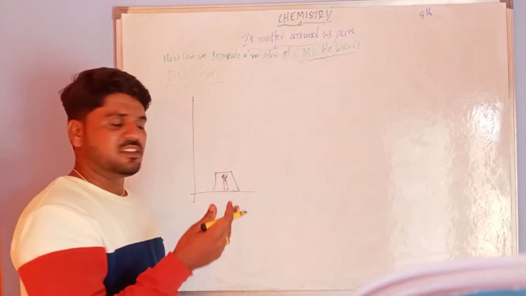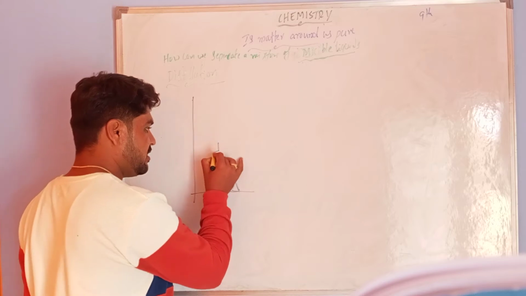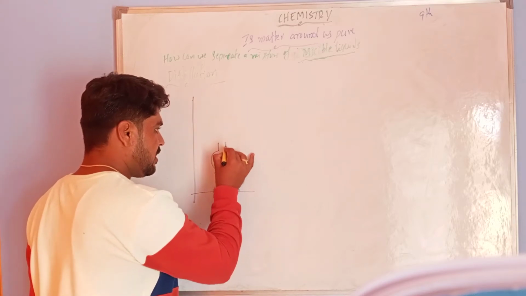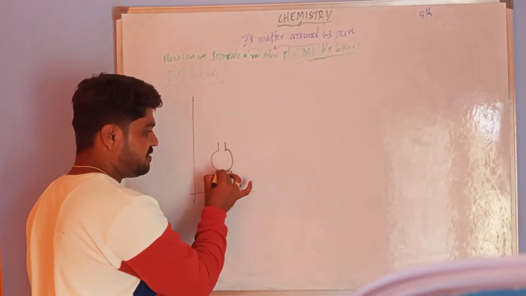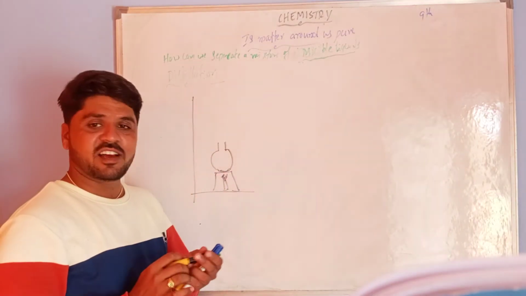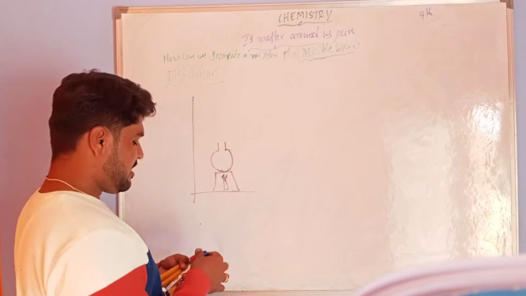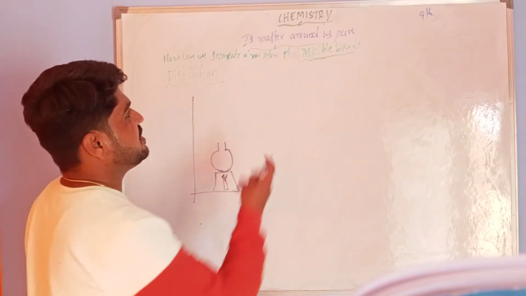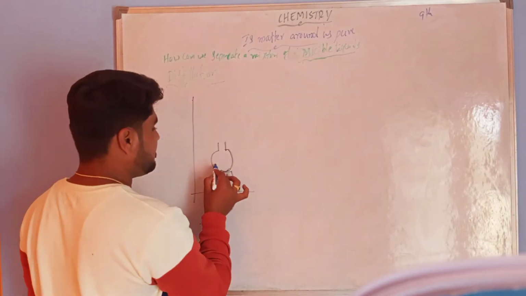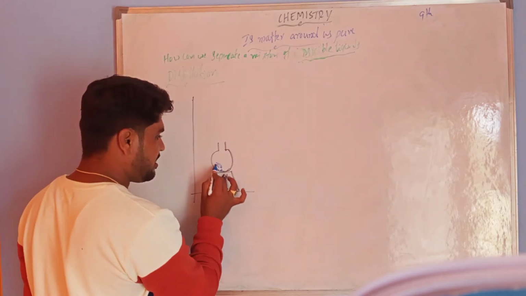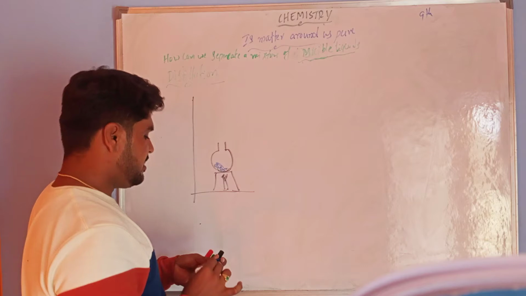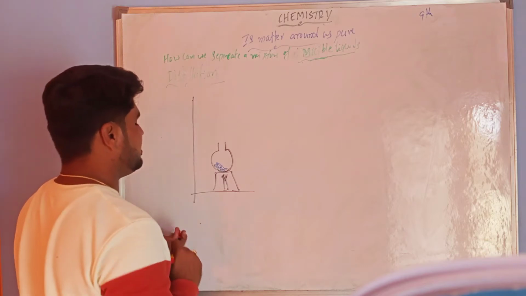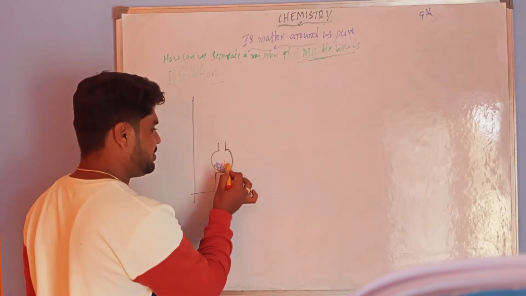Above it, this is a round bottom flask or distillation flask. In this distillation flask, we have to add the two liquids. One is water, the blue colored compound, and the other is acetone, the red colored compound.